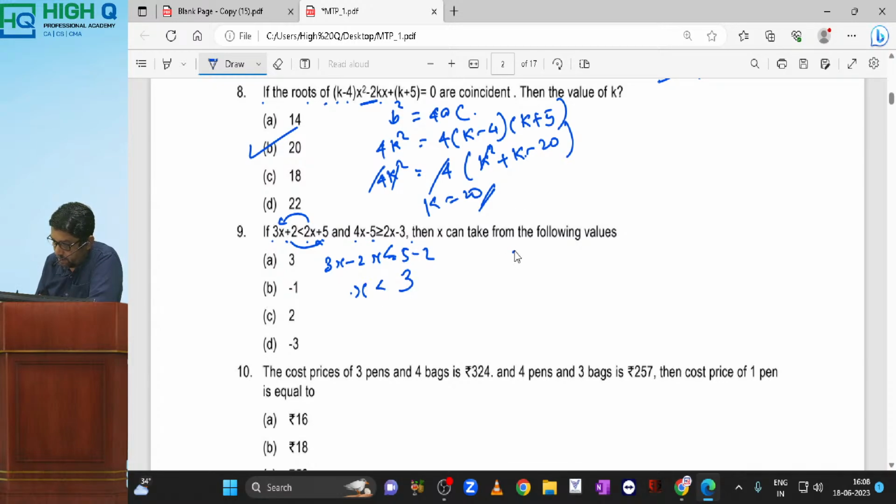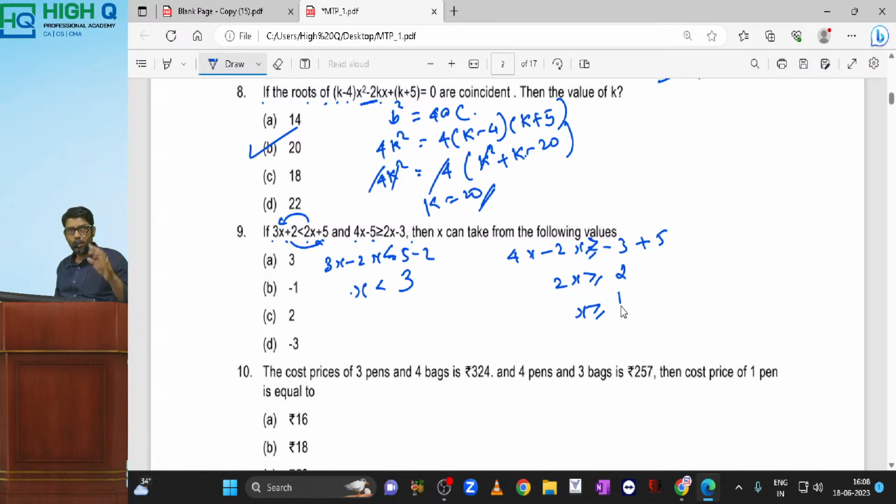And next one is 4x minus 2x greater than or equal to minus 3 plus 5. 2x greater than or equal to 2, x is greater than or equal to 1. So the value has to be more than 1 but less than 3. More than or equal to 1, 1 also it will take. But in the options, 1 is not there. So more than 1, less than 3, there is only one option available. I can mark it as C.